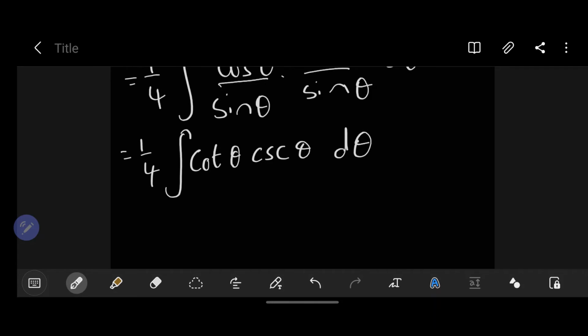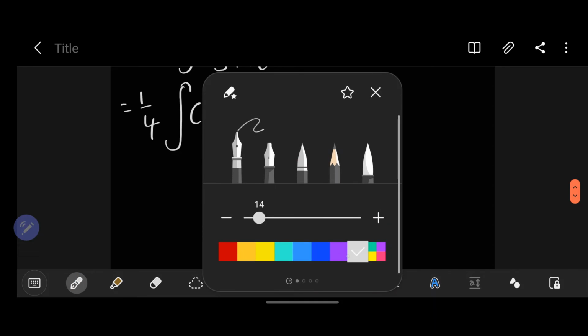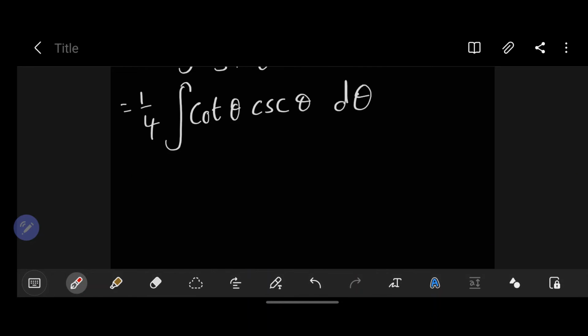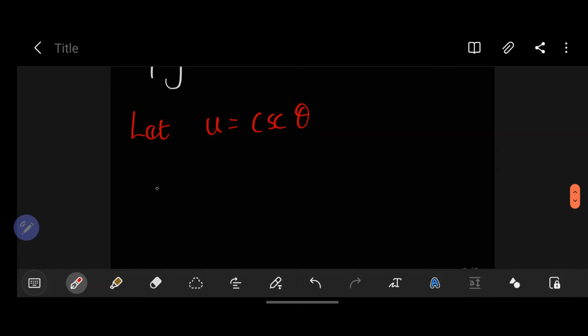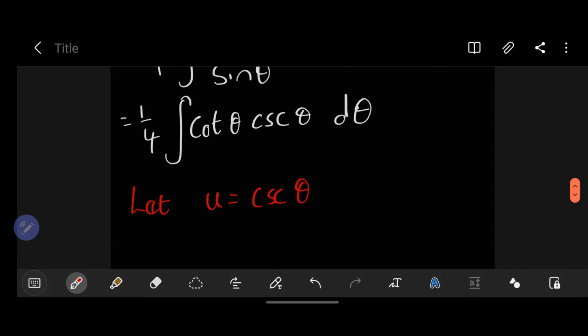And then from here, I can let u be equal to cosec theta. If I let u be equal to cosec theta, I have to find du as well, because I have d theta there, so I need to find d theta as well.